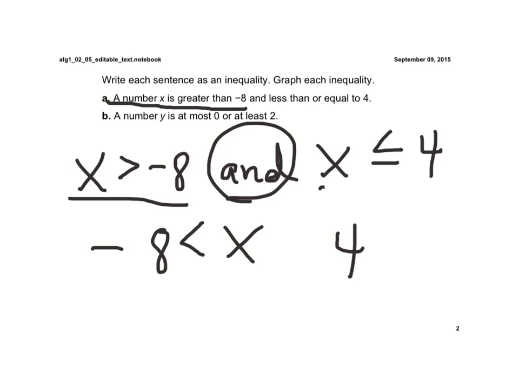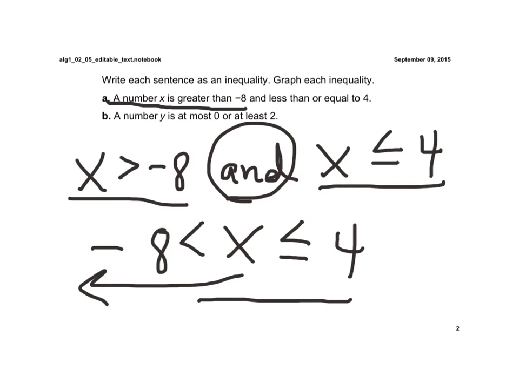And here, the big mouth is open towards the 4, so we have it like this. And this is read the same way: x is greater than a negative 8 and x is less than or equal to 4. And only compound inequalities that contain the word and can be written as one sentence without having to use the word and.